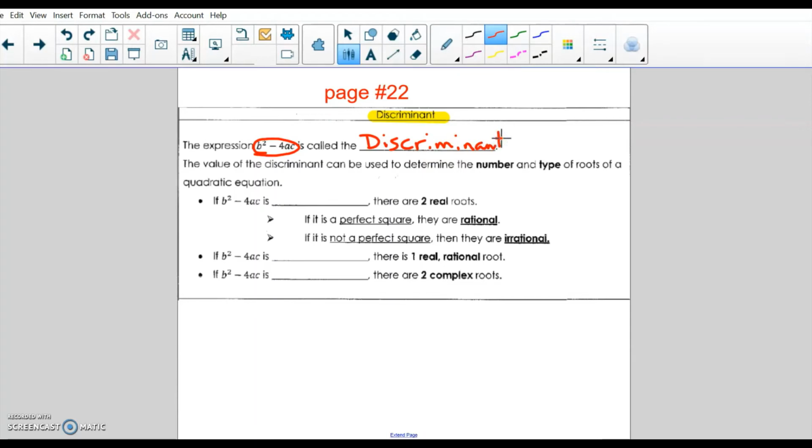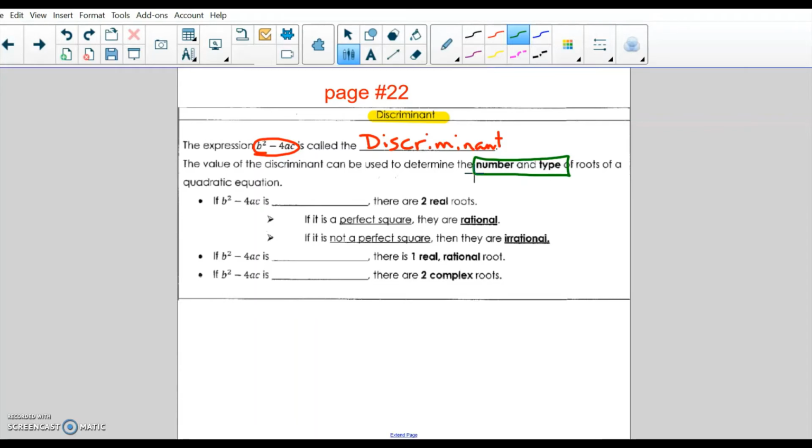And what it does is it tells us the number and type of roots for the quadratic equation. In other words, are they real? Are they imaginary? Does it cross the x-axis 1 time, 2 times, or none, right?